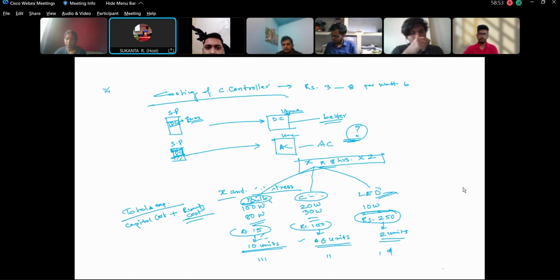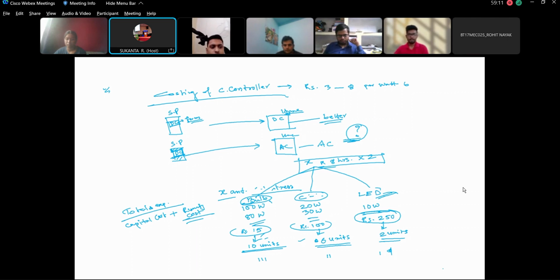And in this example, what I'm giving to you, if we use another kind of appliances like some AC, refrigerator, there you can see the star ratings. The more star ratings means it will consume less energy.